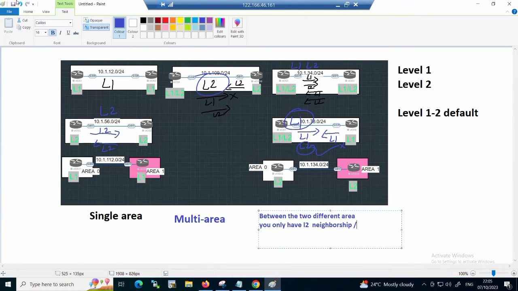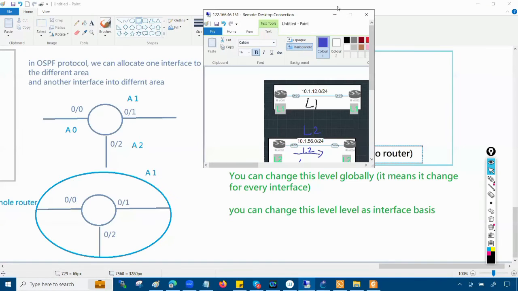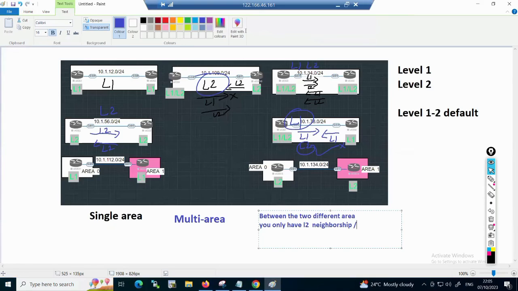Okay, hold on. I need to recap this one. So between the two different areas, you only have a level 2 neighborship.